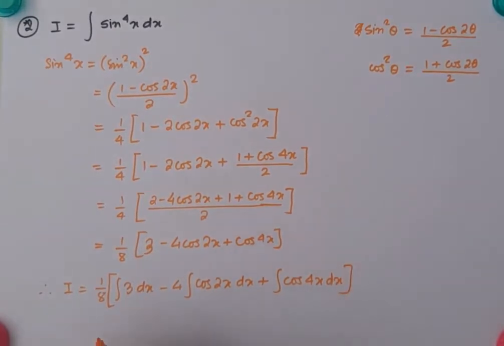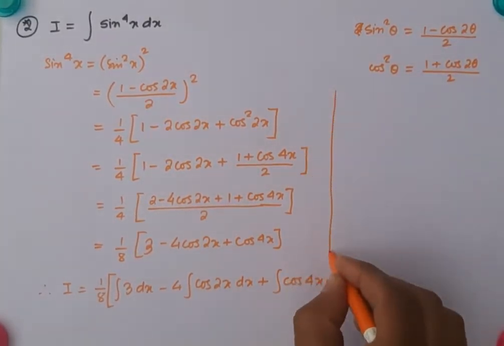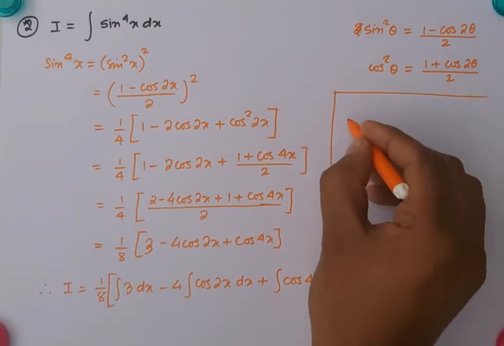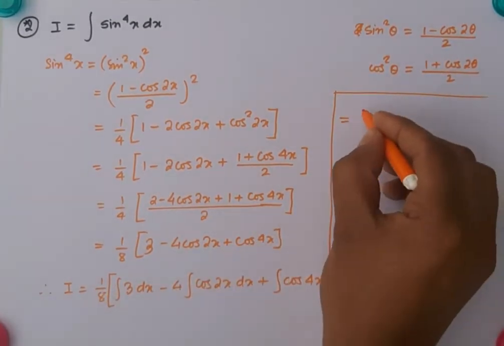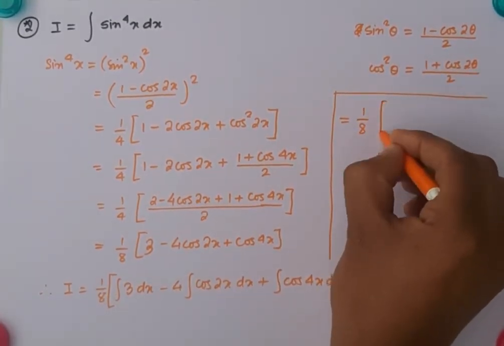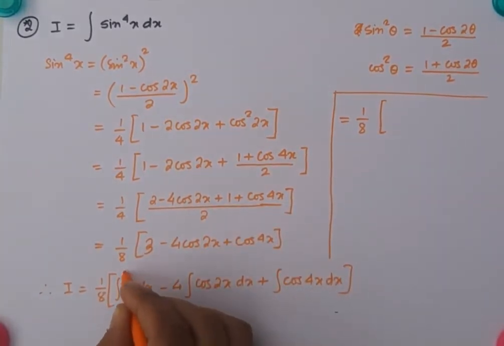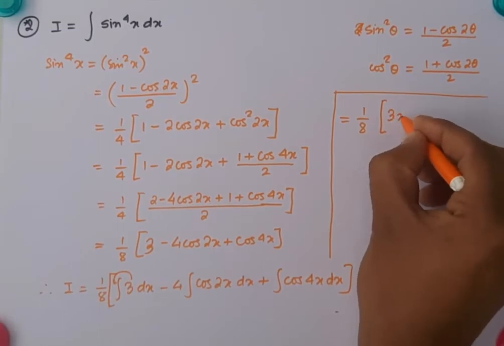Okay, now the work is very simple, isn't it? So this becomes 1 by 8, which is anyway outside.